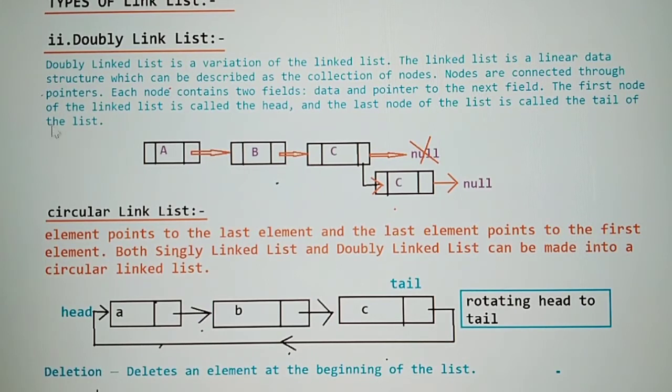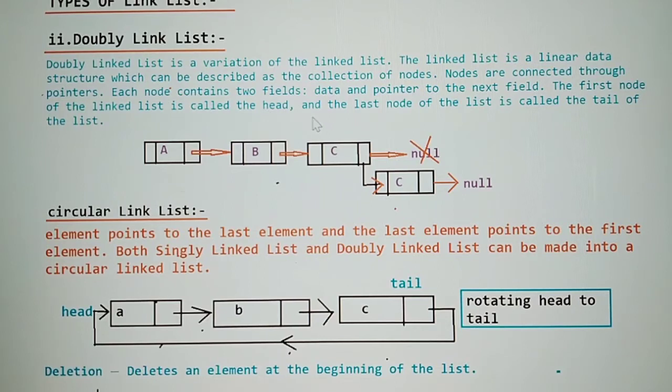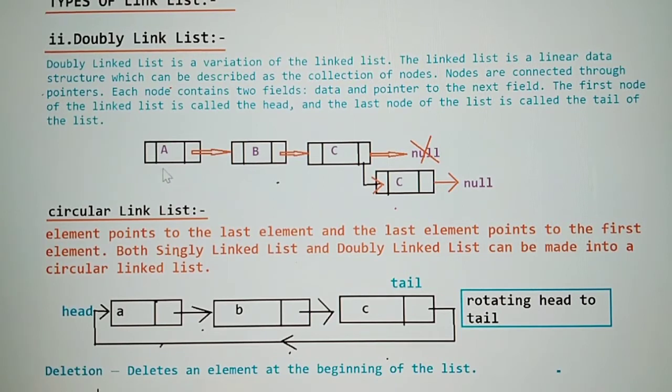The first node of the linked list is called the head, and the last node of the list is called the tail. I discussed the data, pointer, head and tail in my previous videos. Again, what is the head? Head is this A position, and C is the tail of this linked list.